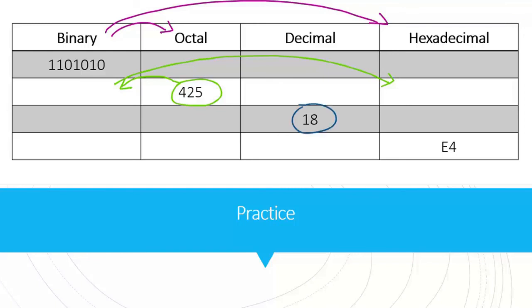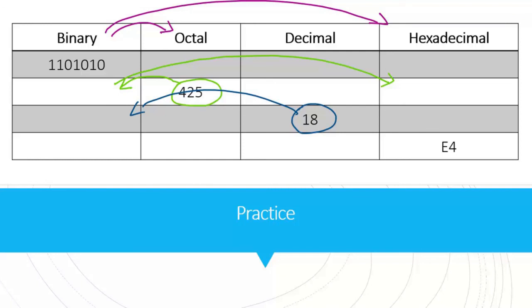The third value is probably the trickiest, or the third question here. If I'm starting in decimal, there just isn't an easy way to convert to the other number systems. However, it's a pretty small decimal number, so I'm going to choose to convert it first to binary. I'm going to use the technique that we just covered, dividing by 2 iteratively, in order to come up with the equivalent binary value.